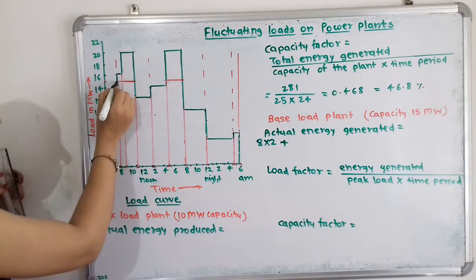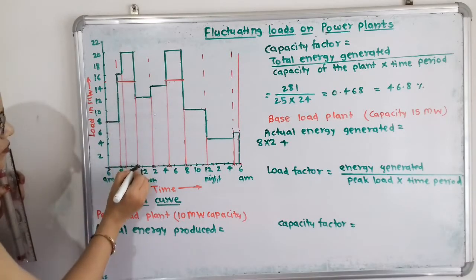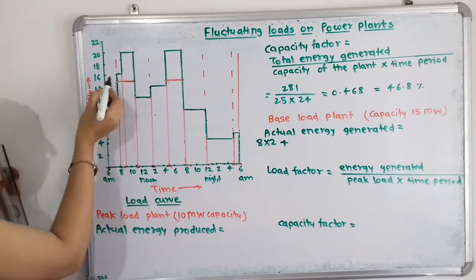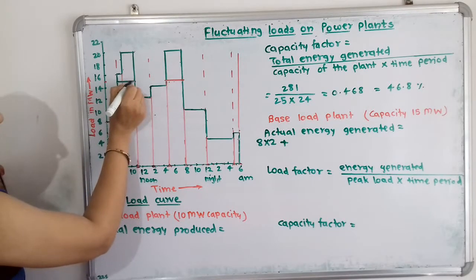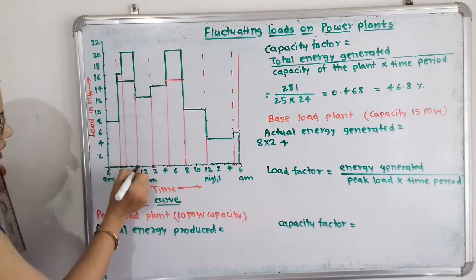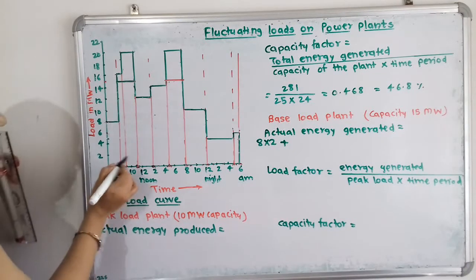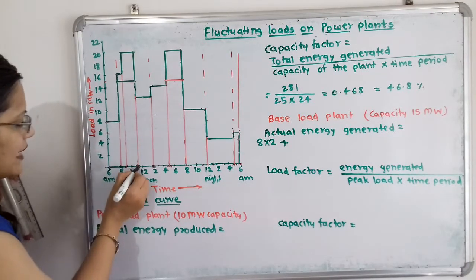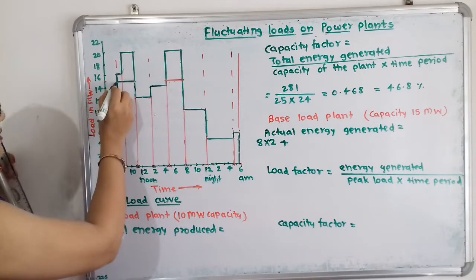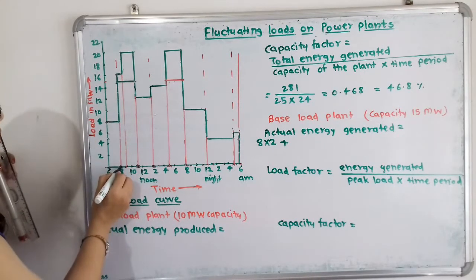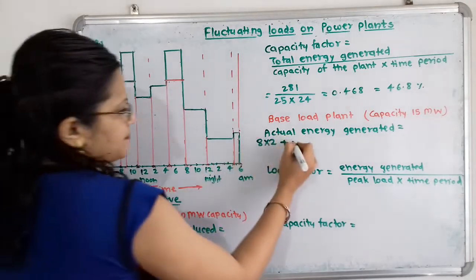The second area is also in the form of rectangle. Now here we have to take the load up to this 15 megawatt. So if we observe, here is the rectangle, this time duration is 8 to 11, that is total 3 hours, and what is the height? That is 15. So 15 multiplied by 3.